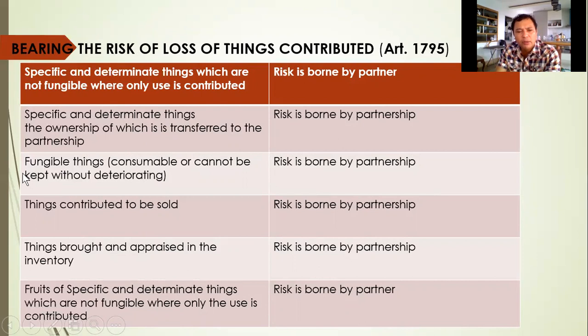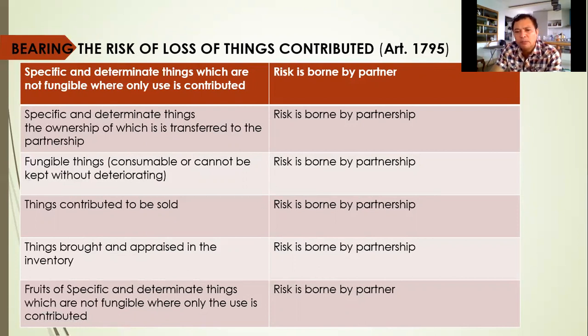Number three, when it involves fungible things. What are fungible things? These are consumable things or things which cannot be kept without deteriorating. So it deteriorates, meaning its value is diminished, gamay ang value.